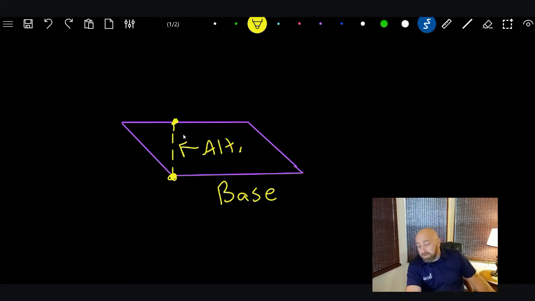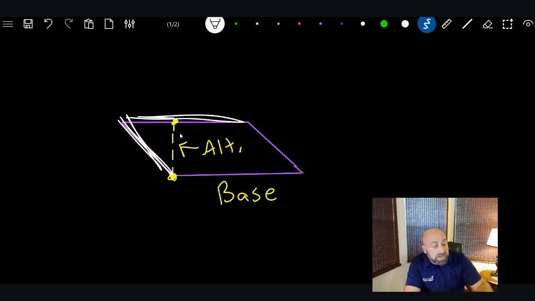A few of the special types of parallelograms that we have here, you can see them in your book, page 93, is a rhombus. A rhombus is a parallelogram having two adjacent sides equal. So if we could prove that, let's say that this side equals this side. Well, in this case, it does not, so that's not a rhombus.